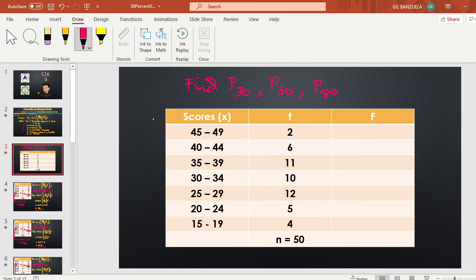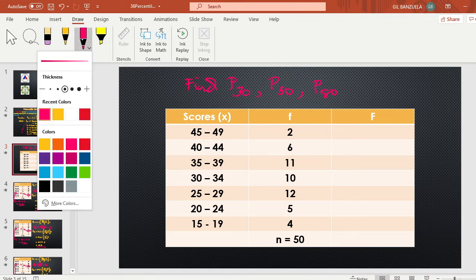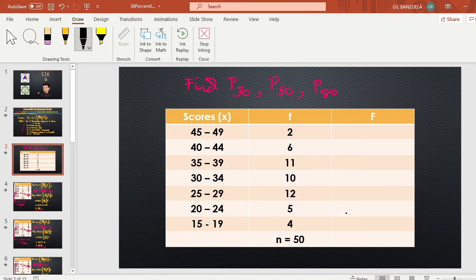Alright, so let's solve. Posted here is the score distribution plus its frequency. Let's get the cumulative frequency. Again, simply copy this value 4, then you add 5, that would be 9.